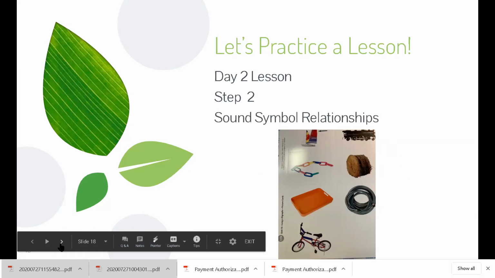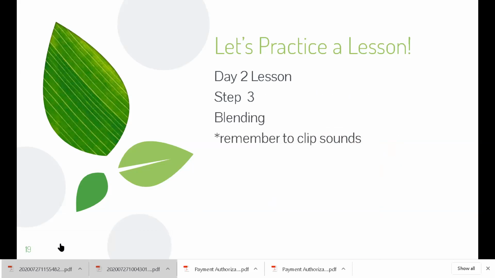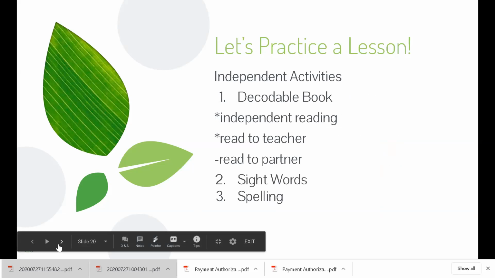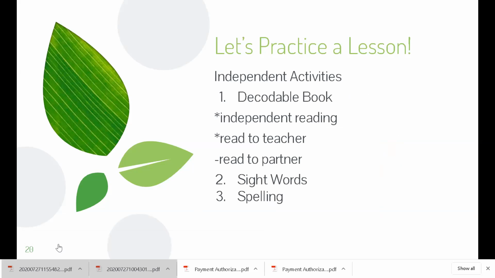Sound symbol relationships, and these are our word cards that are in here. We'll practice that part. Again, blending, we want to remember to clip those sounds. Decodable books, you can use those for independent reading or read to the teacher. Maybe you have a small group on Zoom during your tier time, and you want to listen to 2 students read.